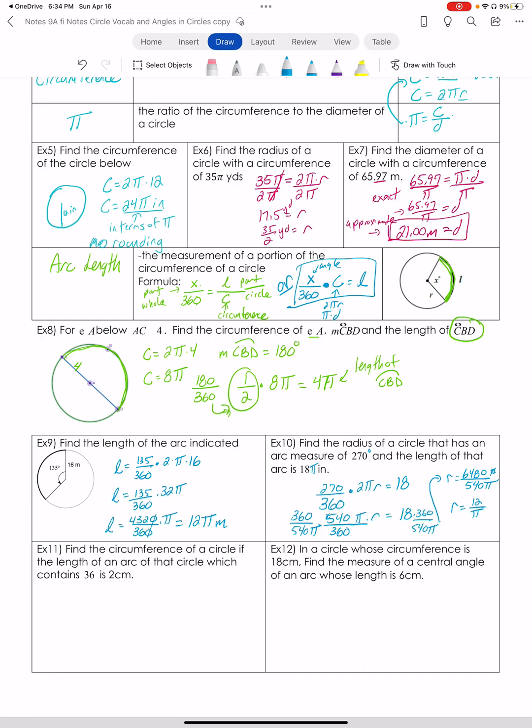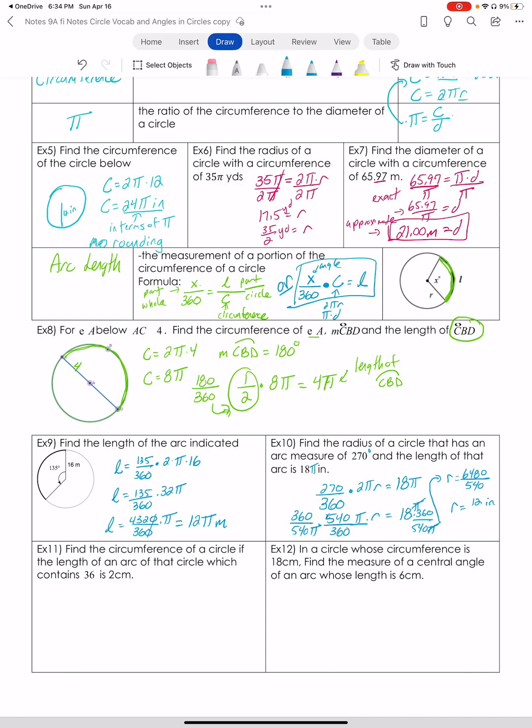It is 18 pi inches. I'm so sorry, guys. This is what happens. So if this is pi, this is pi, this is pi, and the nice thing here is that these pi's divide out. And so you're left with your radius is 12 inches.